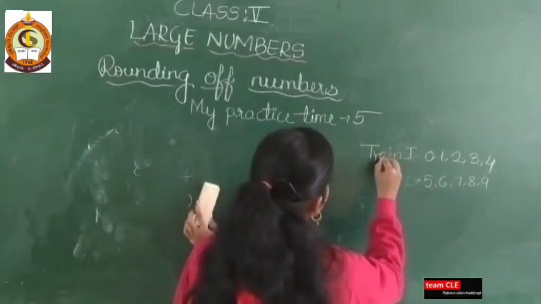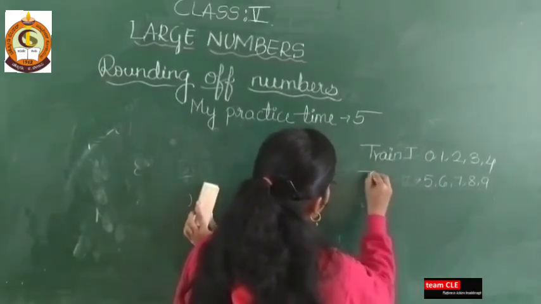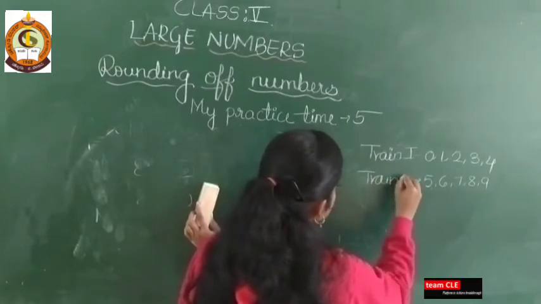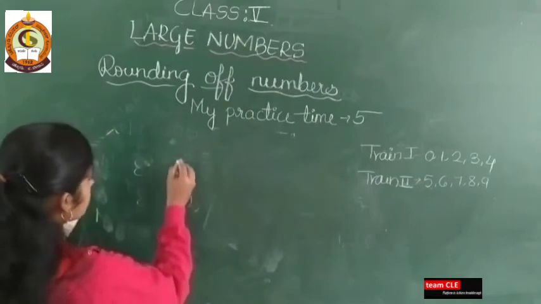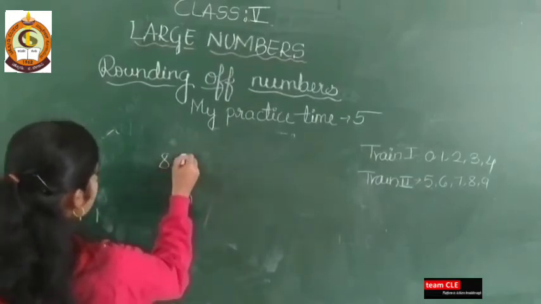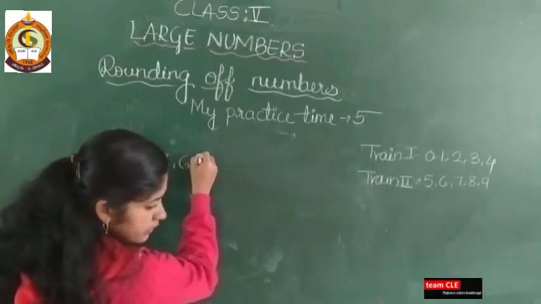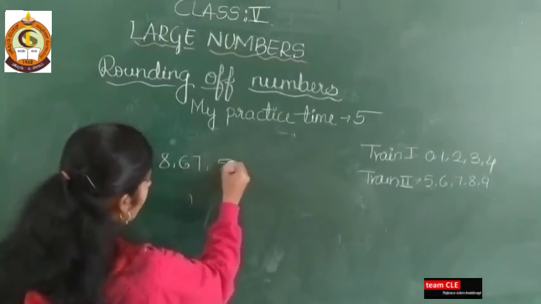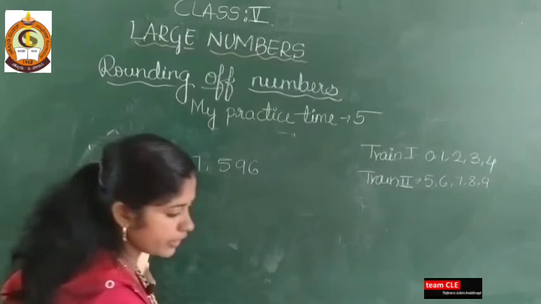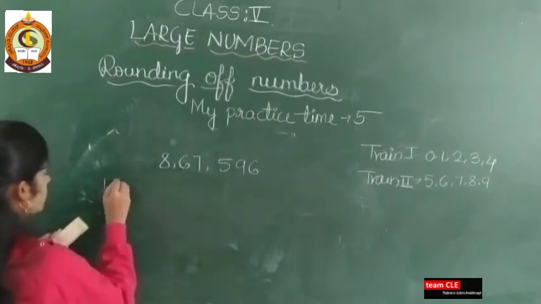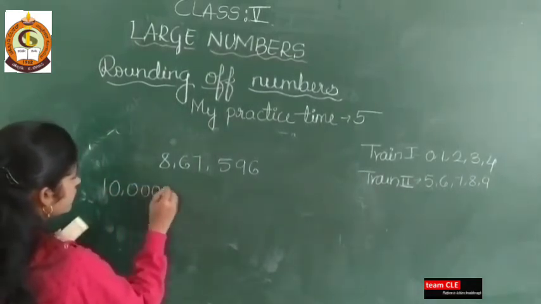Third question. So this should be in your mind while you are solving the examples: tray number 1 and tray number 2. So the question is 8,67,596, and you have to round off to the nearest 10,000s.